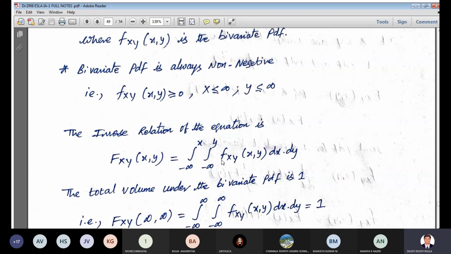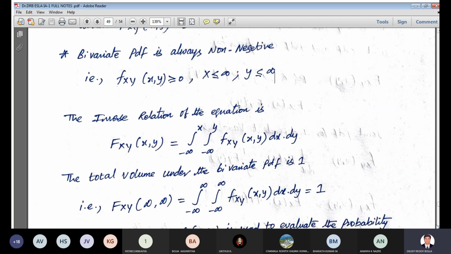As the limits are up to x and y, we integrate x from minus infinity to x and y from minus infinity to y, the combined function f of x comma y, dx dy. So this is how the inverse is possible.